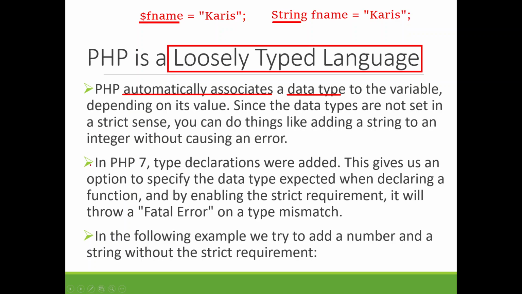However, an update was made in PHP version 7, which is what we are using. In PHP version 7, you can specify the data type that is expected when you're declaring either a function or even a variable.